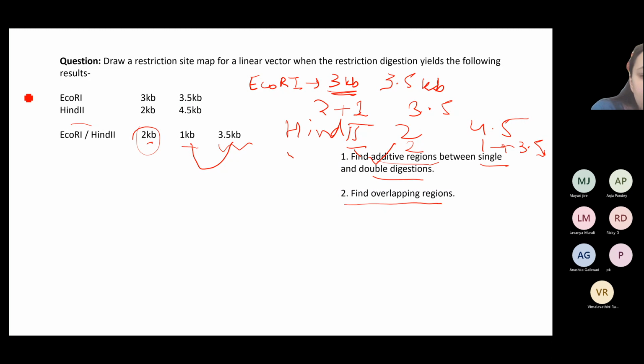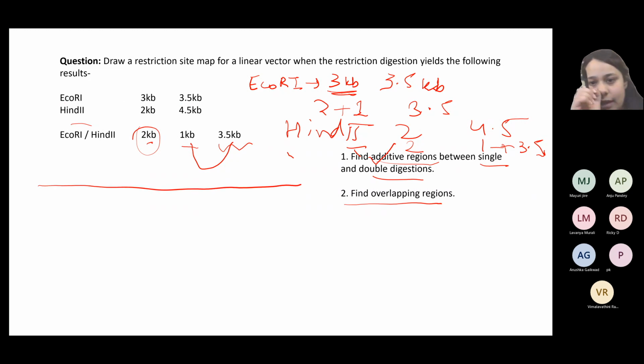So if this is going to be a linear vector, right, we have to see that in EcoR1, there was this 2 plus 1 kb fragment, and in this HindII, there was this 2, 1 and 3.5 kb fragment, right? This 2 plus 1 is coming over here for EcoR1.